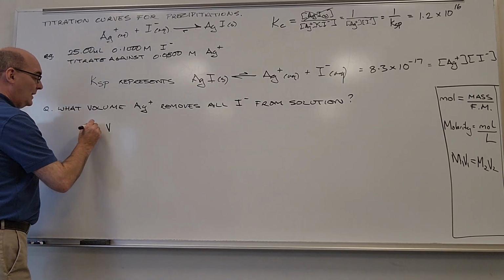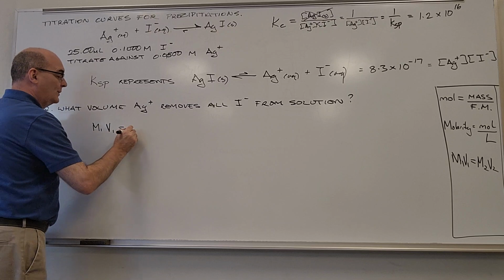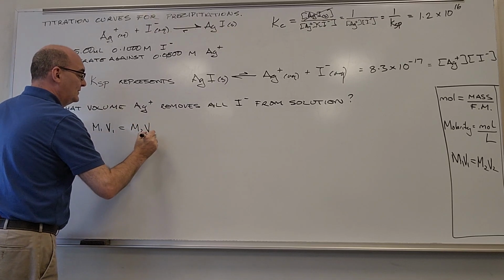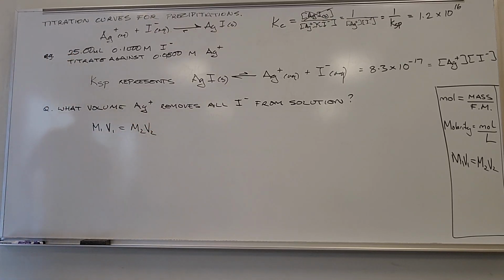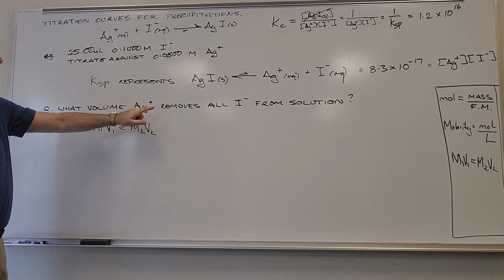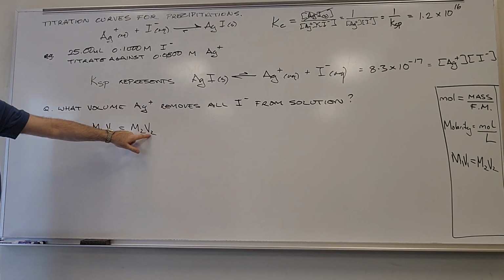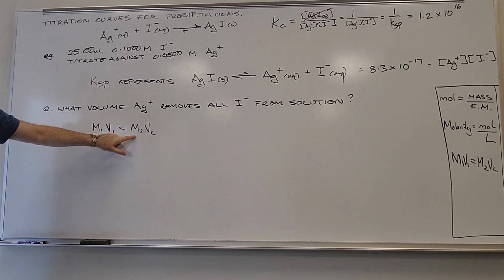If I go M1V1 equals M2V2, do I know a molarity that's associated with the volume? And do I know a volume that is missing, but I do know its molarity?